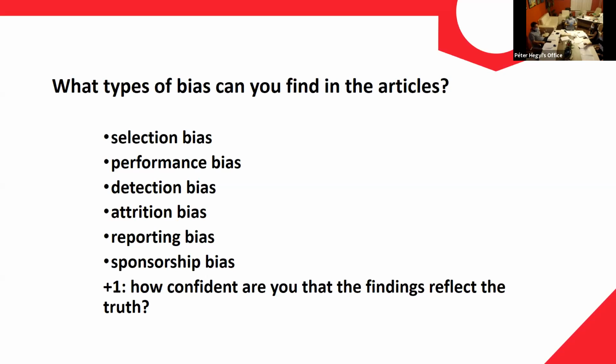For example, the Indian doctors do not believe in the effectiveness of the plasma, and that's why they are prescribing other therapies to the plasma group, which they do not prescribe to the control group. And as they don't believe in the effect of the plasma, they do more CT scans. This would be the detection bias.